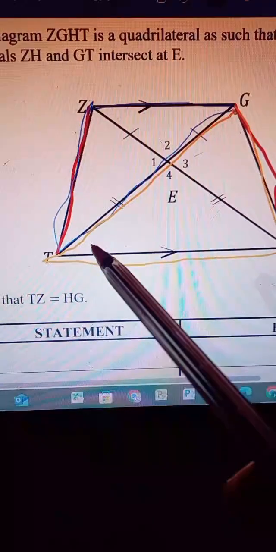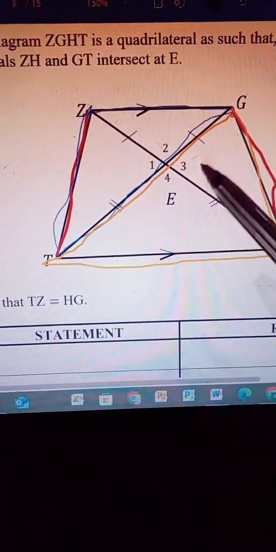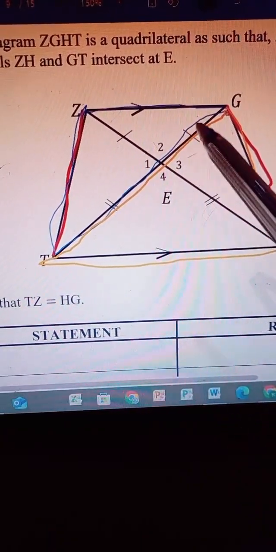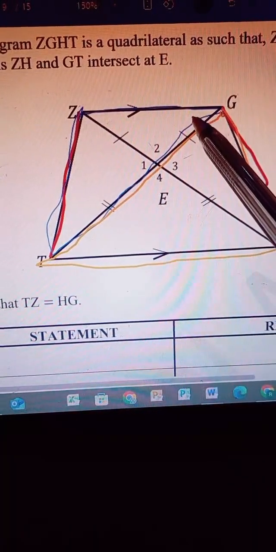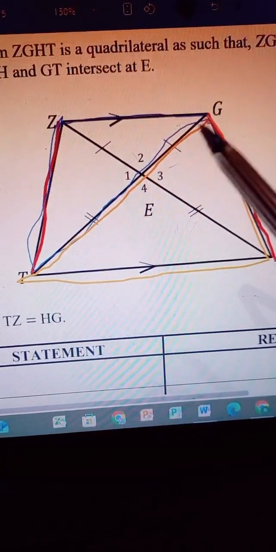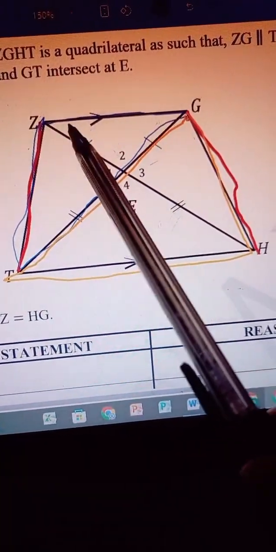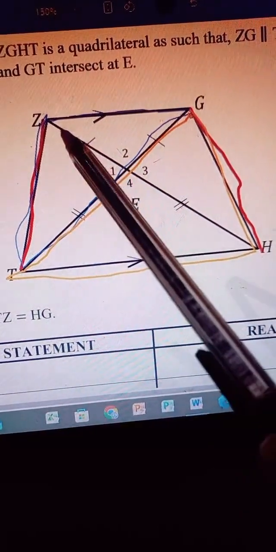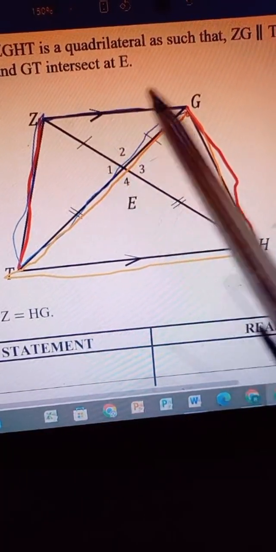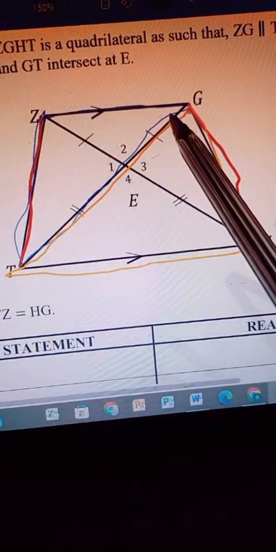Also alternate angles, so this angle is equal to ZGT. What are we looking for? We are making sure that GZH, this angle of this triangle, is equal to this. You see?